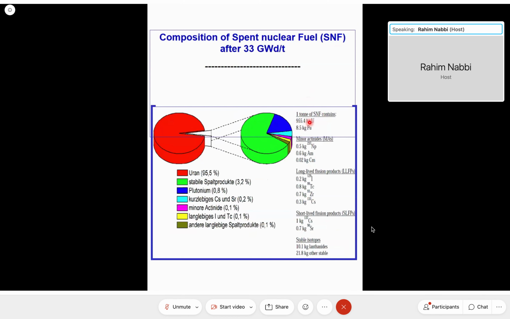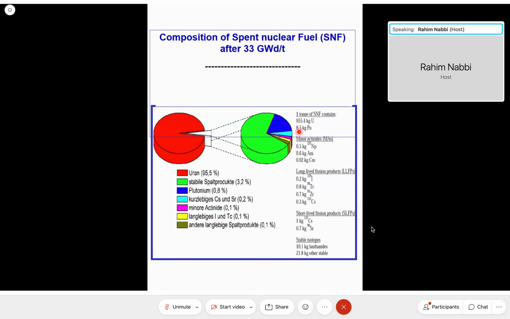955 kilogram uranium. But we should keep in mind that the big part of the uranium is not the fissionable one, that means it is not uranium-235. But anyhow, in the 955, something like 3.3%, or maybe 2%, depending on the mode of operation, is still uranium-235 available for extraction and use.